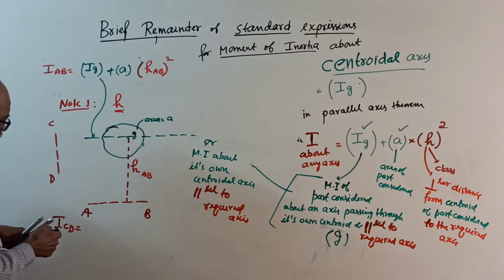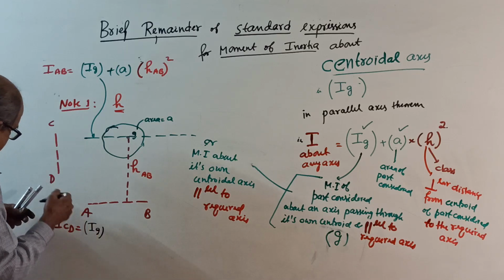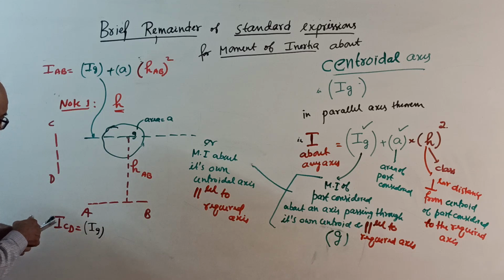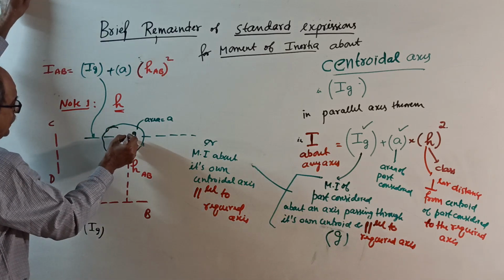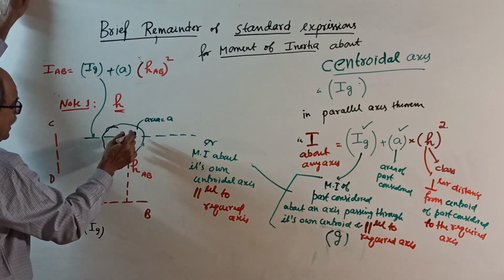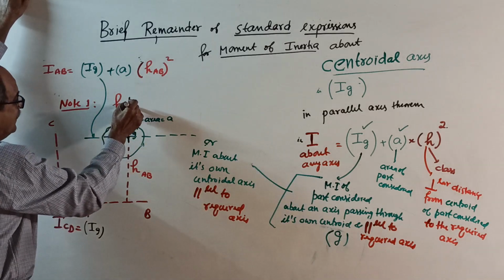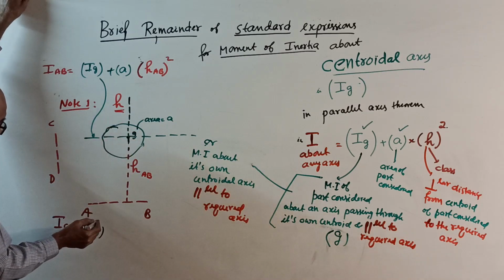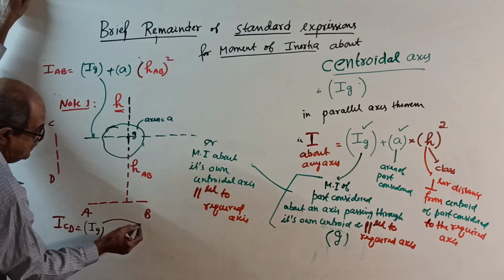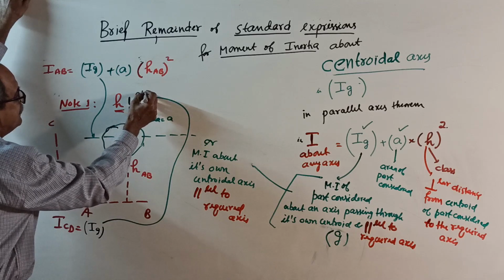What do you do? First you write Ig. If you want I about CD, first come to the centroid. Imagine an axis passing through the centroid parallel to CD. See this axis. This Ig is about this axis.